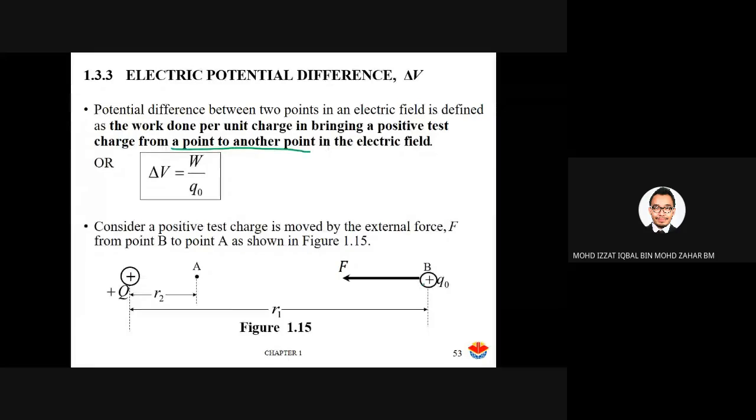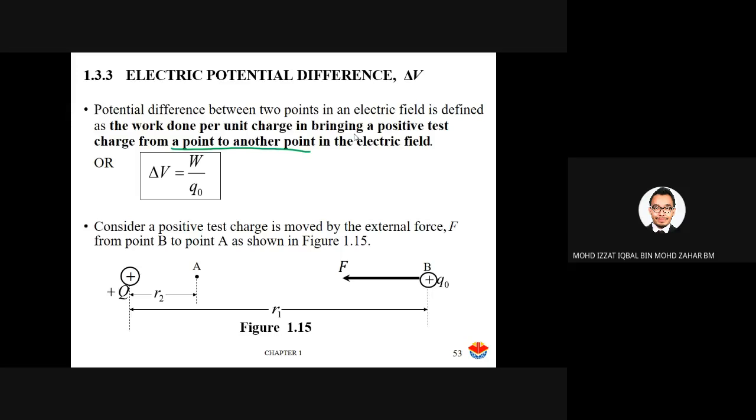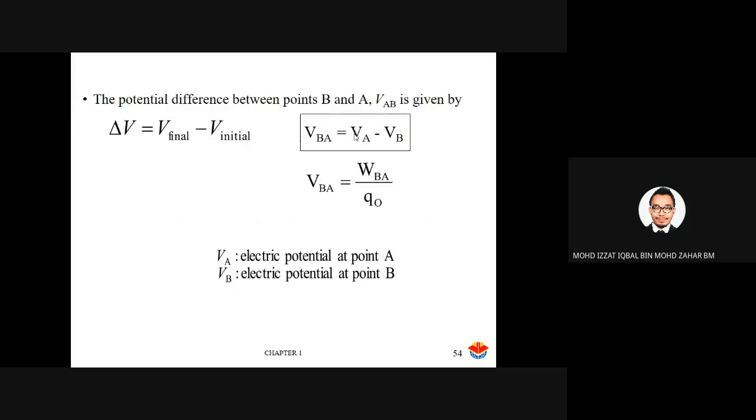So kalau yang ni, point here ada nilai, potential dia ada values from B to A. Because we are bringing from B to A, dia mesti final minus initial. Final dia dekat A, initial dia dekat B, okay.